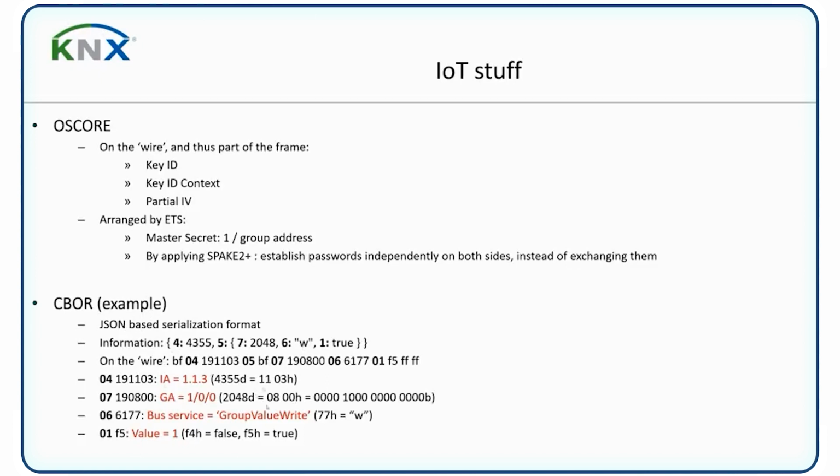So in case you are really interested to see how a group value write on KNX today translates into, let's say, an IoT frame, well, then this slide for sure can help you.